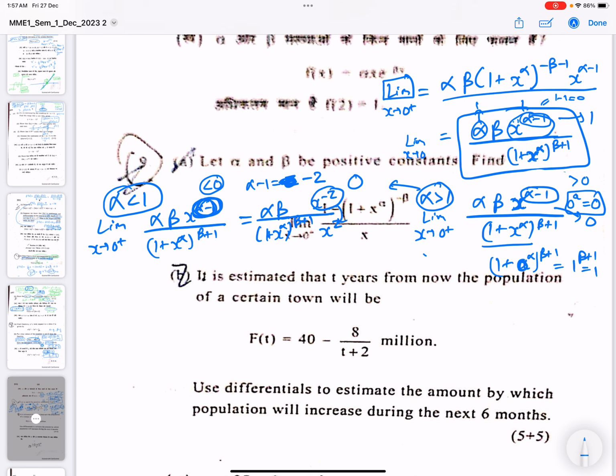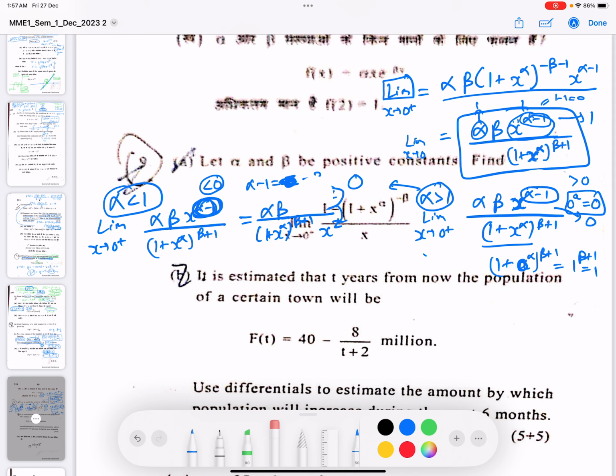Now, as x approaches 0 plus, this term would approach 0. So the numerator is approaching alpha into beta, the denominator is approaching 0, so the whole value is approaching infinity.